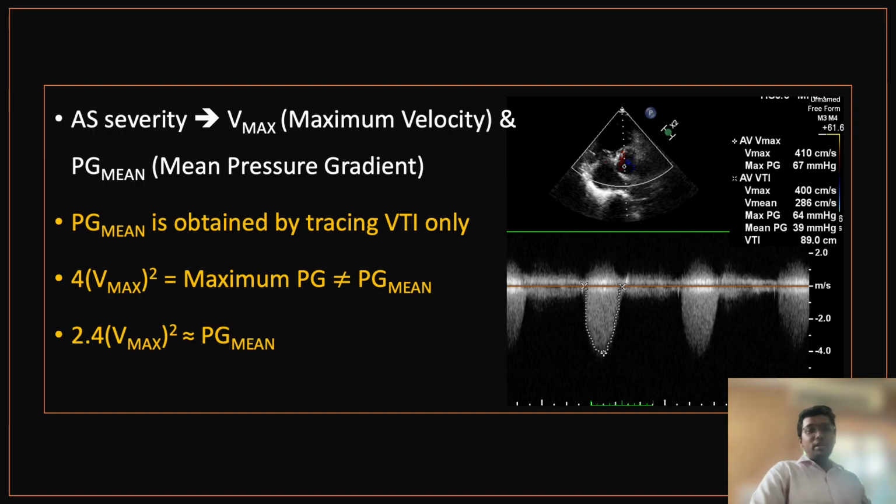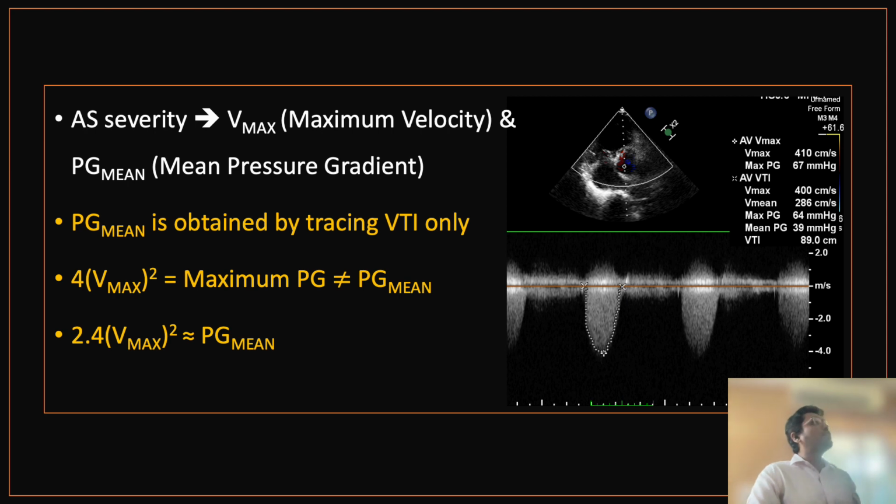AS severity we actually see by maximum velocity and mean pressure gradient. Mark the words maximum and mean. The PG mean is obtained by tracing the VTI only. If we trace the maximum velocity, by the modified Bernoulli's equation it will give you the actual value of the maximum pressure gradient, not the mean pressure gradient.